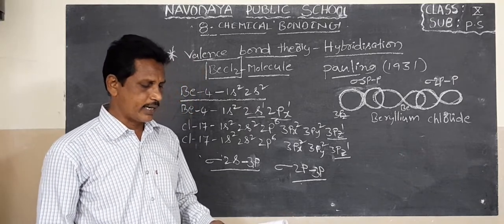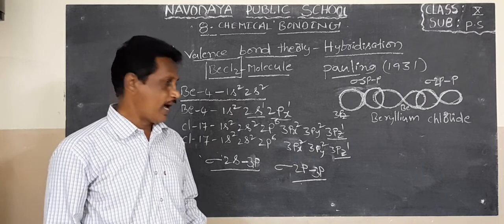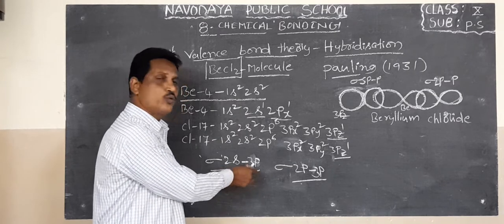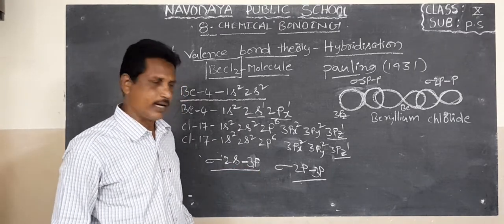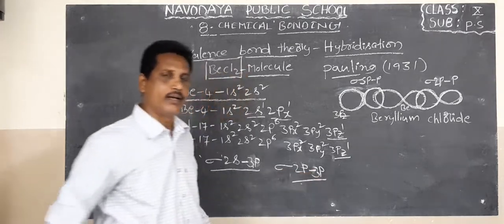Here the orbitals overlapping are different: the 2s orbital overlaps with a 3pz orbital, and the 2px orbital overlaps with a 3pz orbital.